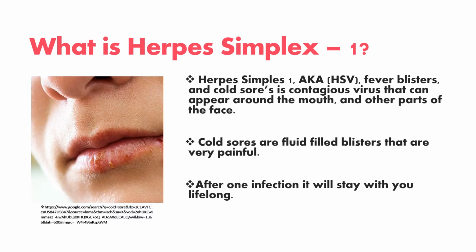Once you get one infection, it will stay with you for the rest of your life. It stays dormant, so it will come and go. Sometimes you'll go months or years without a breakout, but then sometimes it'll come randomly or when something triggers it.